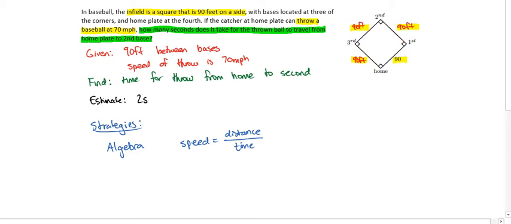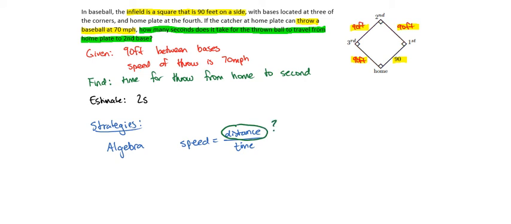So there we go. This is perfect. I'm looking for time. I know the speed. And now I've just realized that I don't know the distance. So this strategy won't work right off the bat and perhaps isn't enough to help me solve this problem. So the problem is I need to actually find the distance. That's a piece of information I don't know that I need to find.